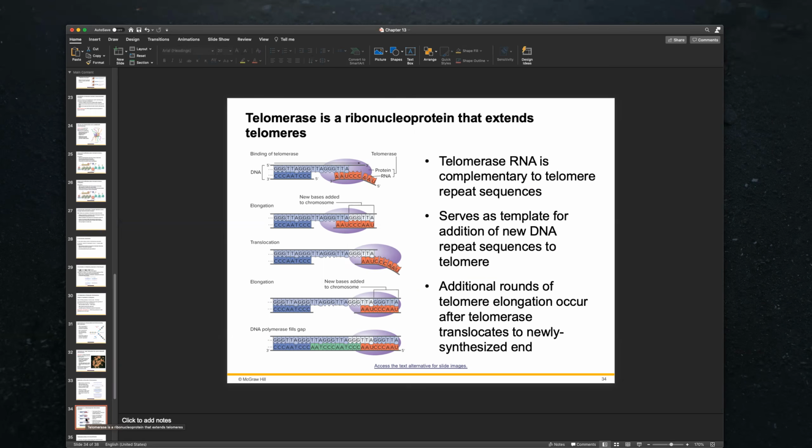You could define aging that way, because each time your cells replicate to make more cells, the telomeres get shorter. So as you age, your telomeres are going to get shorter and shorter. But telomerase, that enzyme, adds to it and makes it longer.